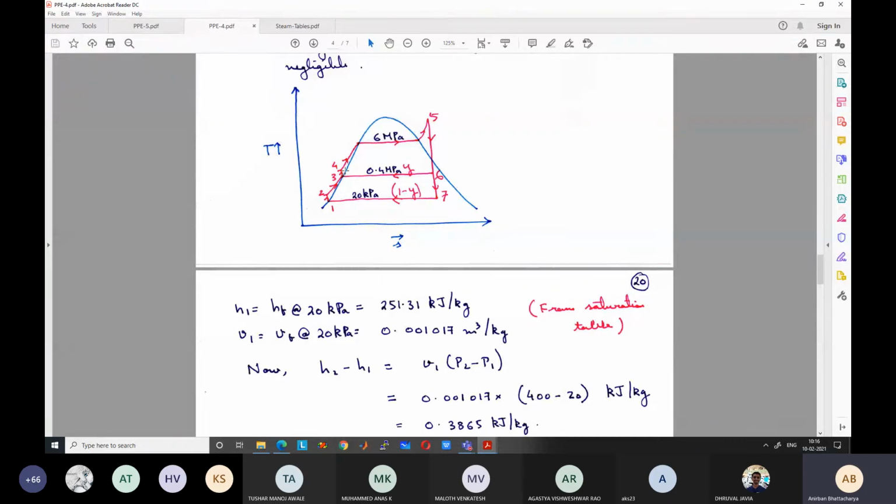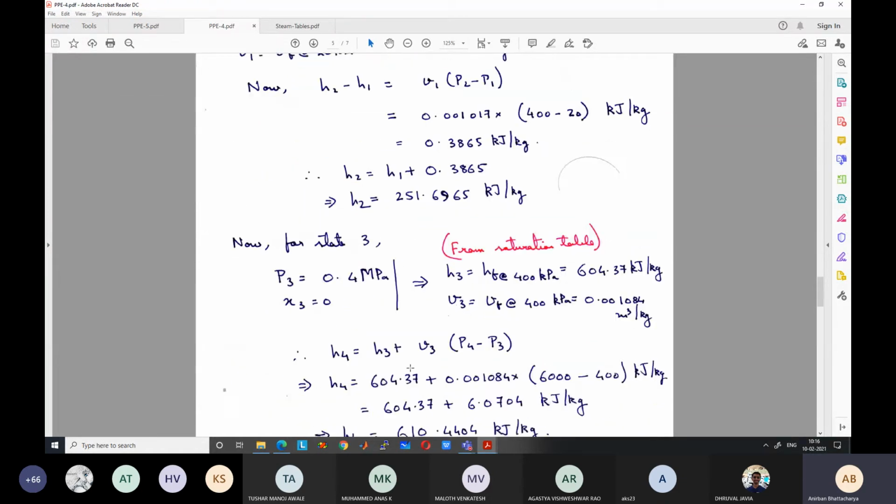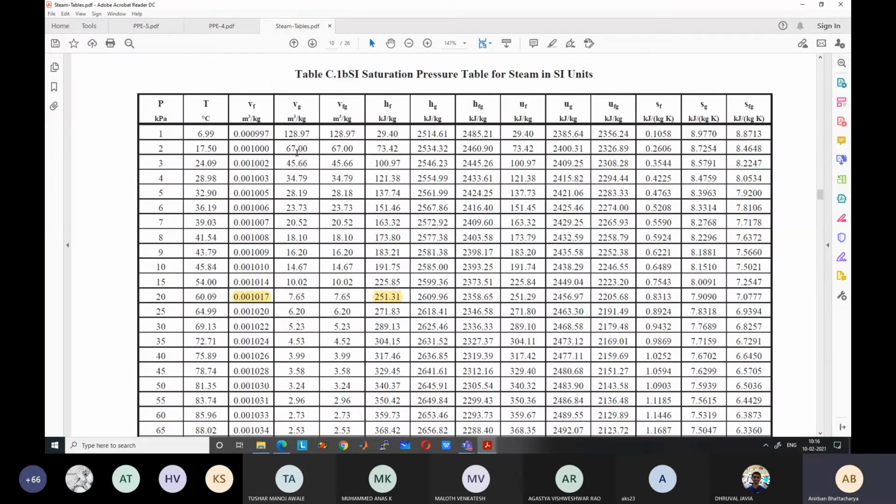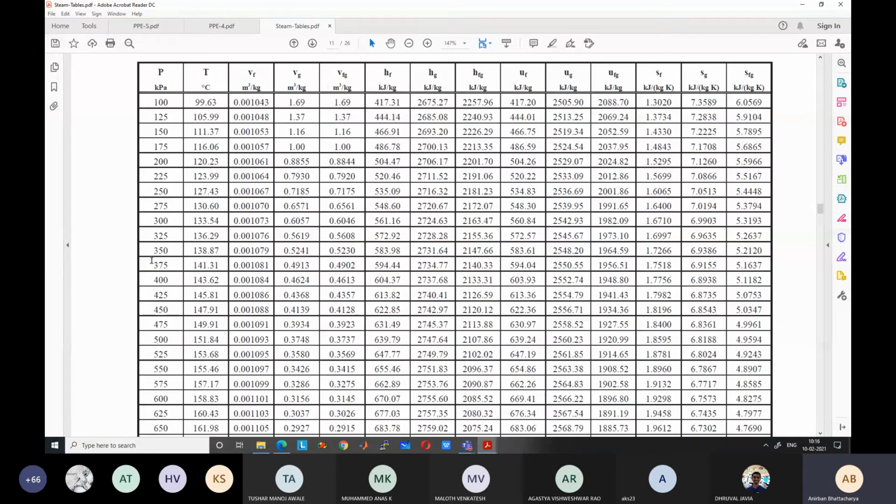So for state 3, P3 equals 0.4 MPa and X3 equals 0. From the saturation table, H3 is equal to Hf at 400 kPa. If you go to the 400 kPa line, Hf is this value, 604.37.